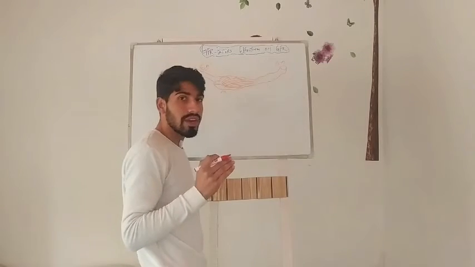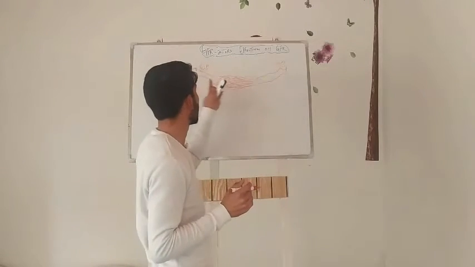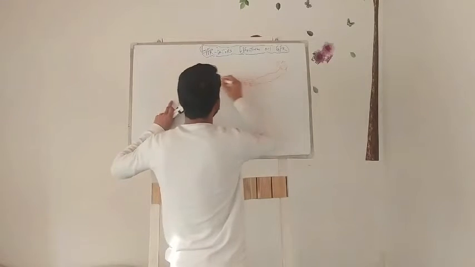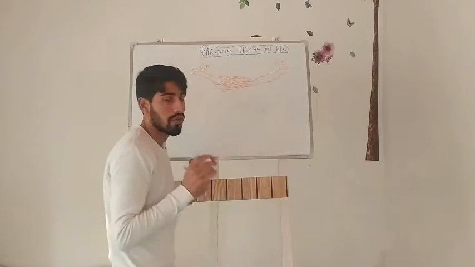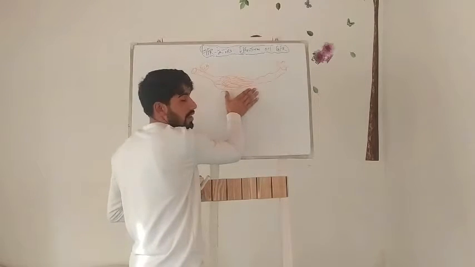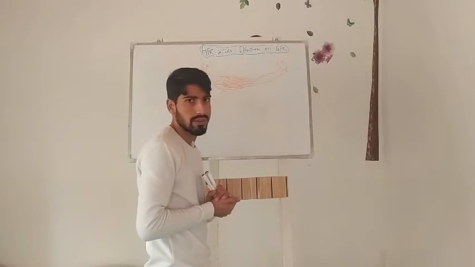Remember one thing: the afferent arteriole diameter is more than the efferent arteriole. So the diameter of the afferent arteriole is more than this efferent arteriole. Remember this. The afferent arteriole divides into many capillaries.